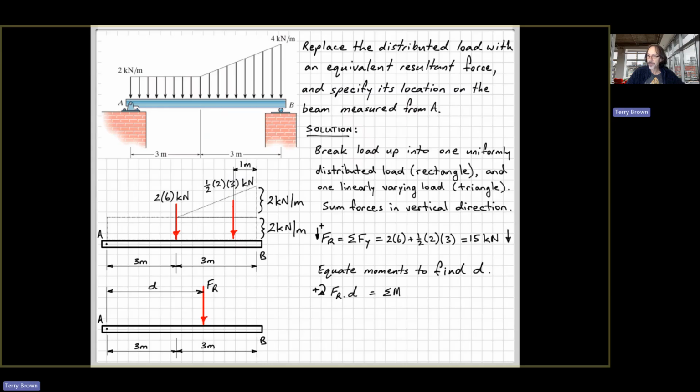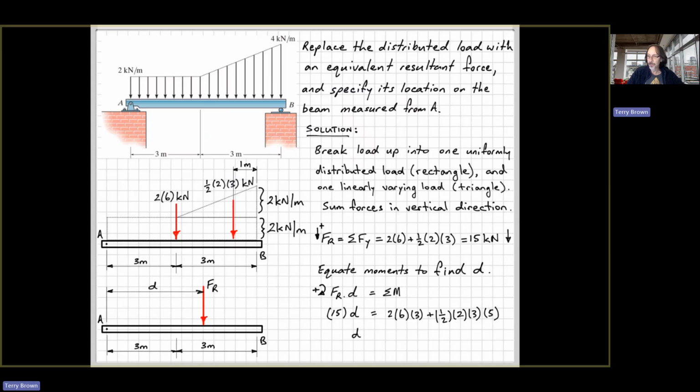Taking clockwise as positive in this case, so we have 15 times d, so that's our resultant force 15 that we calculated, times its perpendicular distance from point A, which is our unknown d, and then on the right-hand side of the equation, we have this force times its perpendicular distance, so 2 times 6 times 3, and the moment effect of the force due to the little triangular load, or the linearly varying load, is 1/2 times 2 times 3 times its perpendicular distance from A, which will be 3 plus 3 minus 1, which is where we get the 5 here from.